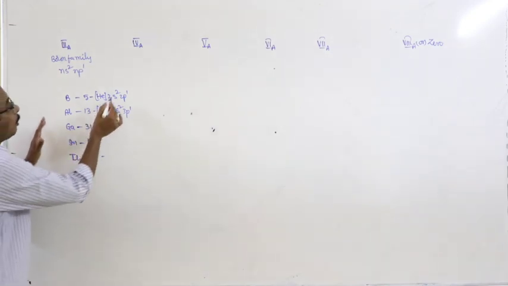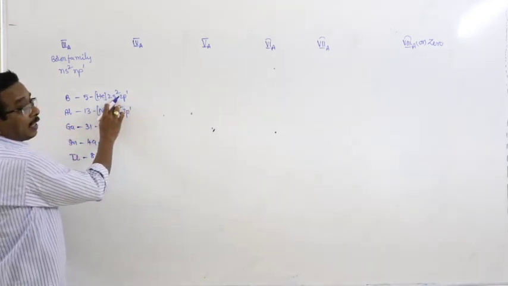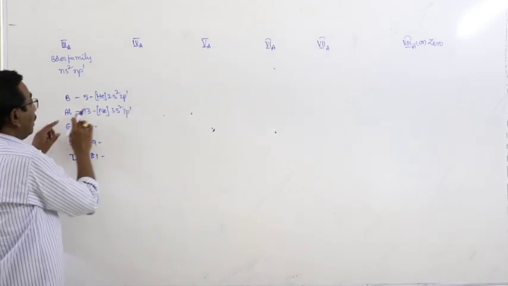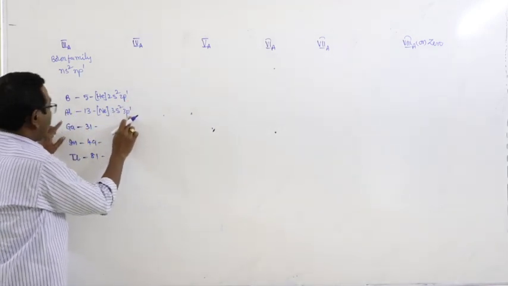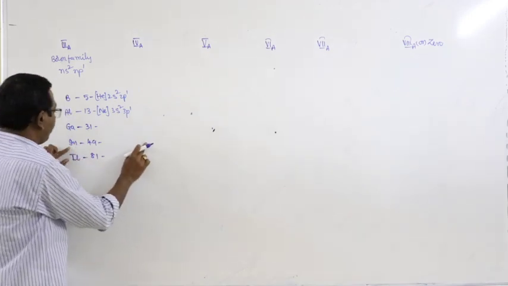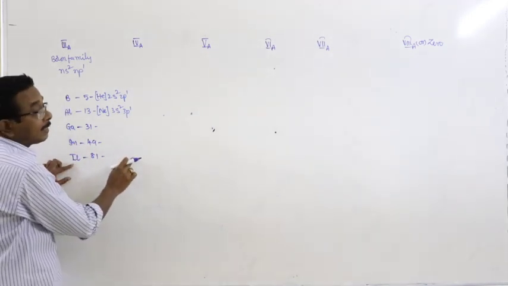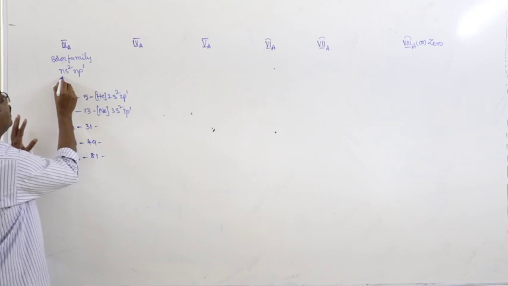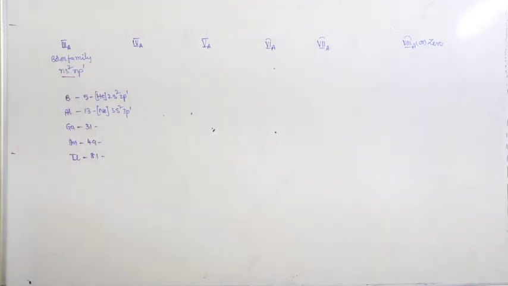And here, what about the outermost electronic configuration? Boron 2s2 2p1. In case of aluminum, 3s2 3p1, gallium 4s2 4p1, indium 5s2 5p1, thallium 6s2 6p1. Therefore, the general electronic configuration is ns2 np1.